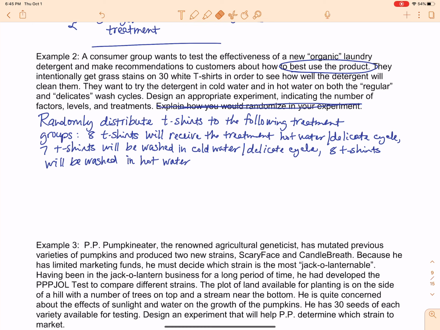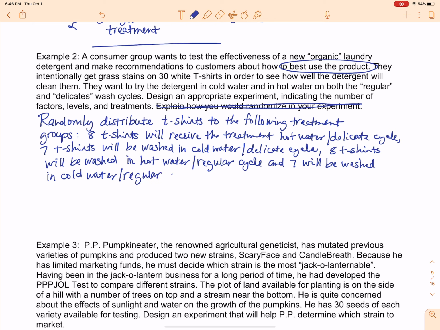Consistency, Amy. Sorry, Miss Griggs. And 7, I forgot the word t-shirt. It's okay. 7 t-shirts will be washed in, have I done hot delicate, cold delicate, hot regular, cold regular, right? In cold water, regular cycle.